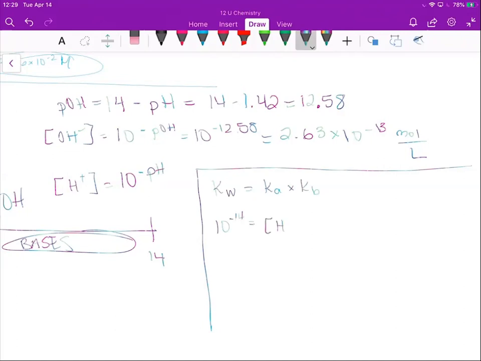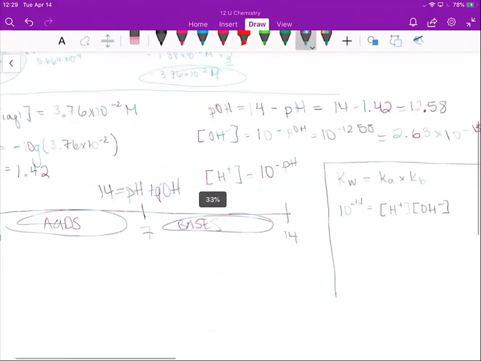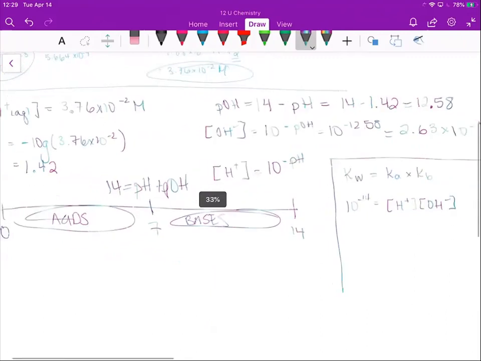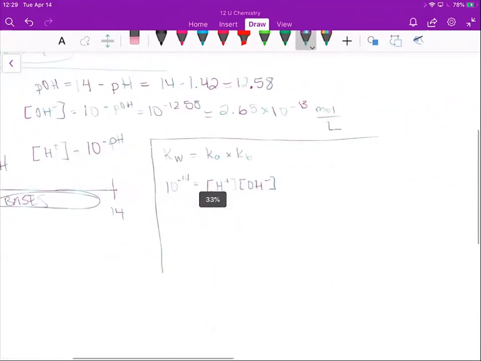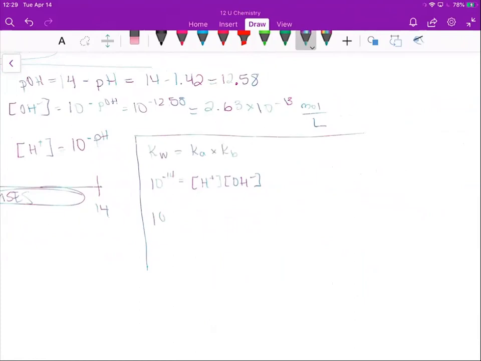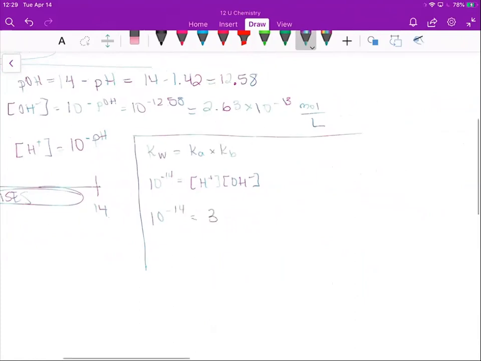So concentration of hydrogen and concentration of hydroxide. So let's see, what's my original concentration of hydrogen, 3.76 times 10 to the negative 2, times hydroxide.